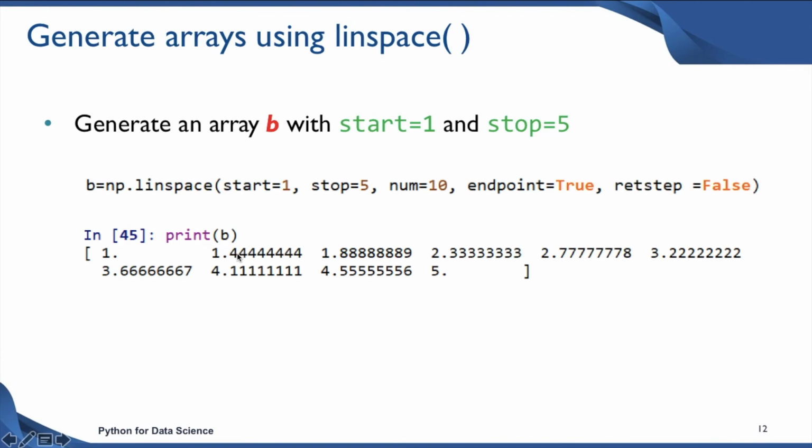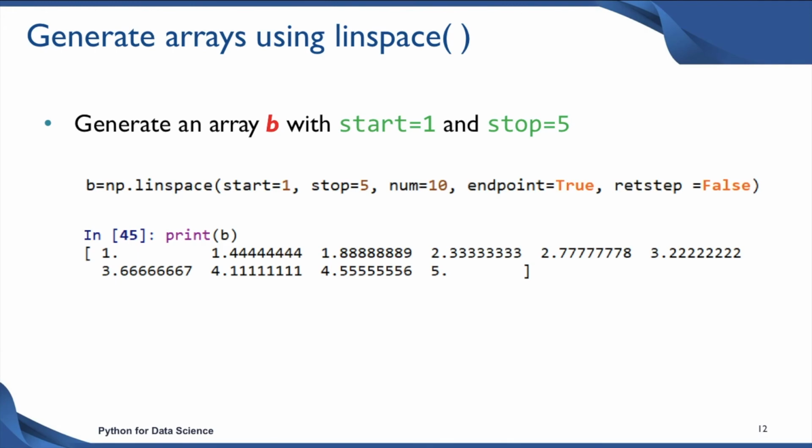You can see that here 0.4 is your incremental value. So 1 plus 0.4 is 1.4, plus 0.4 is 1.8, plus 0.4 is 2.3, right? So this keeps on incrementing and it has given us 10 equally spaced samples, right?